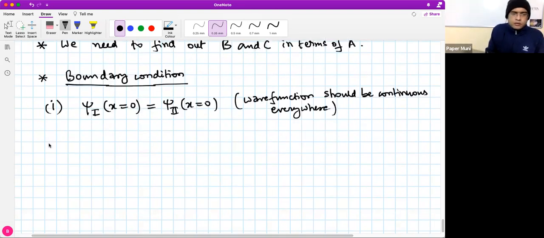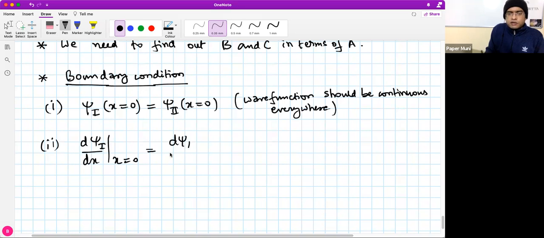Now, what else should be continuous? Since the potential is finite, not infinite, we should also have the momentum, which is the first derivative of the wave functions in each case at x equal to 0, continuous. The momentum has to be continuous at x equal to 0.